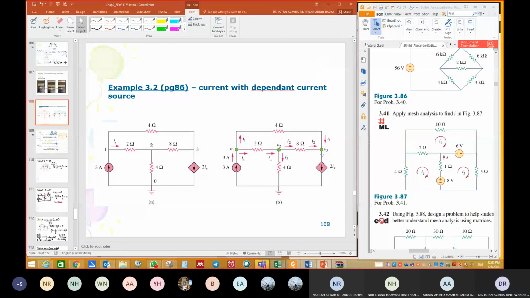Okay. If we use nodal analysis, so how many nodes here?